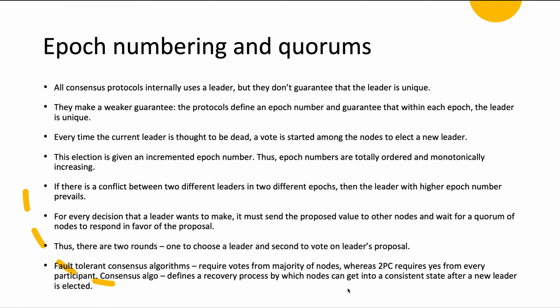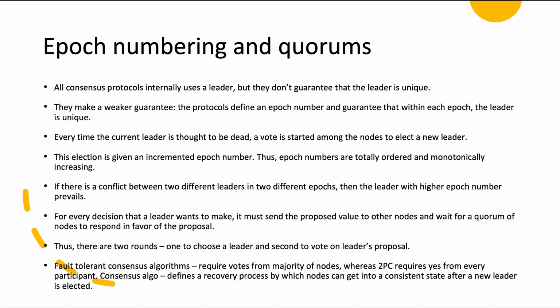Let's look at epoch numbering and quorums. All of the consensus protocols internally use a leader, but they don't guarantee that the leader will be unique. But they make a weaker guarantee that the leader will be unique in an epoch number. So every time the current leader is thought to be dead, a vote is started among the nodes to elect a new leader.